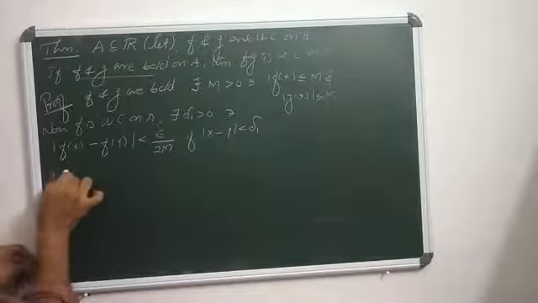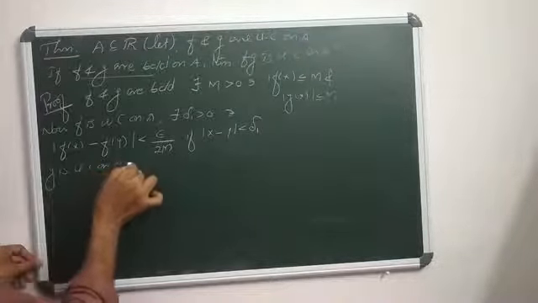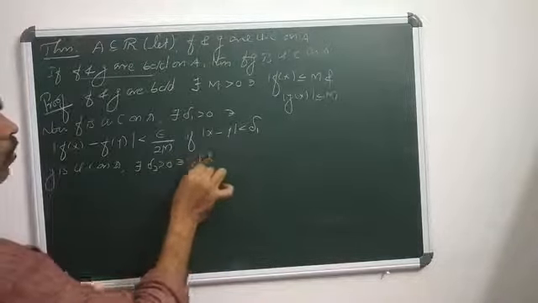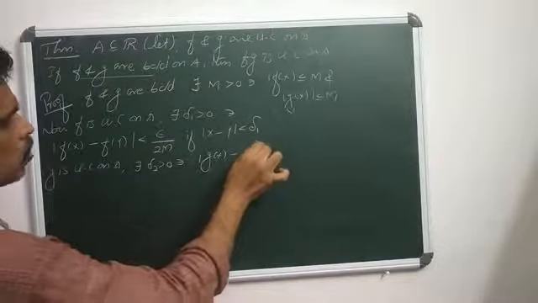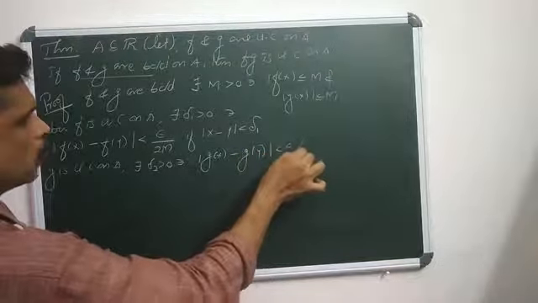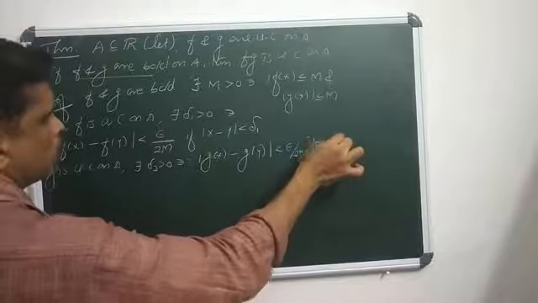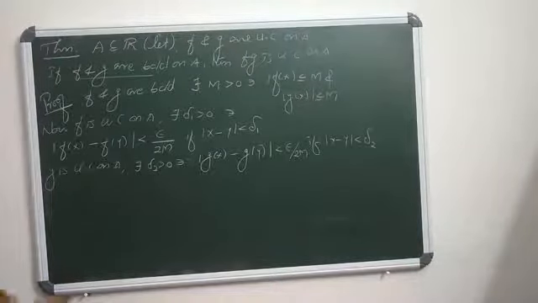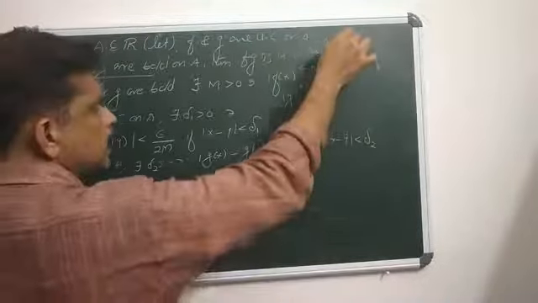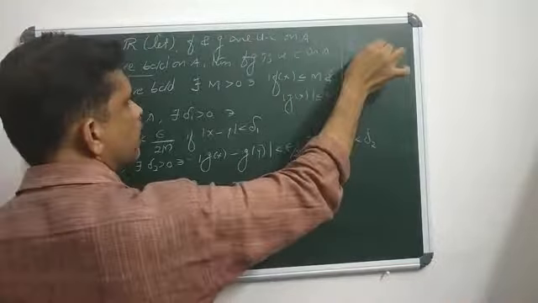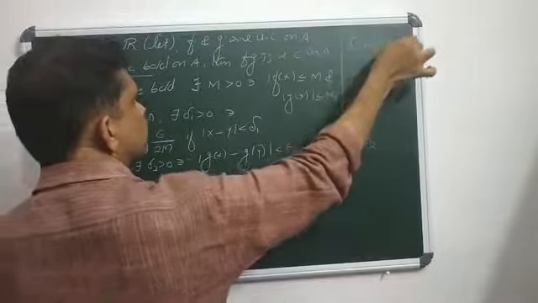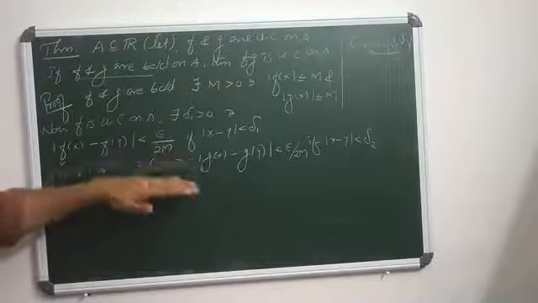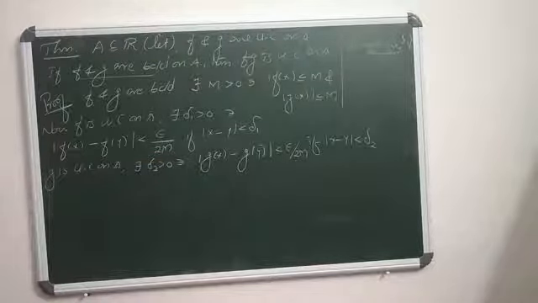Similarly, g is uniformly continuous on A, so there exists delta 2 greater than 0 such that modulus of g of x minus g of y is strictly less than epsilon by 2M, provided modulus of x minus y is less than delta 2. Now set delta equal to the minimum of delta 1 and delta 2. Then clearly both inequalities hold for this delta.